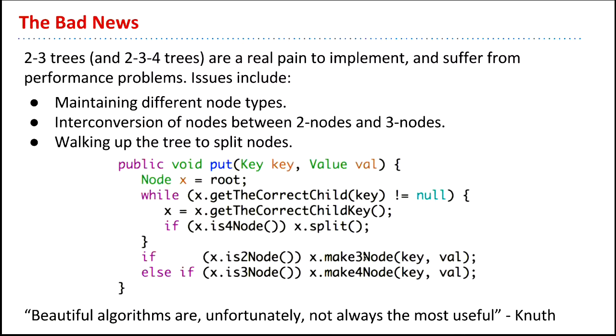So we don't want to mess with code like that. And another issue is that 2-3 trees will often involve walking up the height of your tree to split nodes. And that's no good because splitting nodes involves creation of objects, which, depending on the programming language you're using, can impose non-trivial overhead on the runtime of your program.